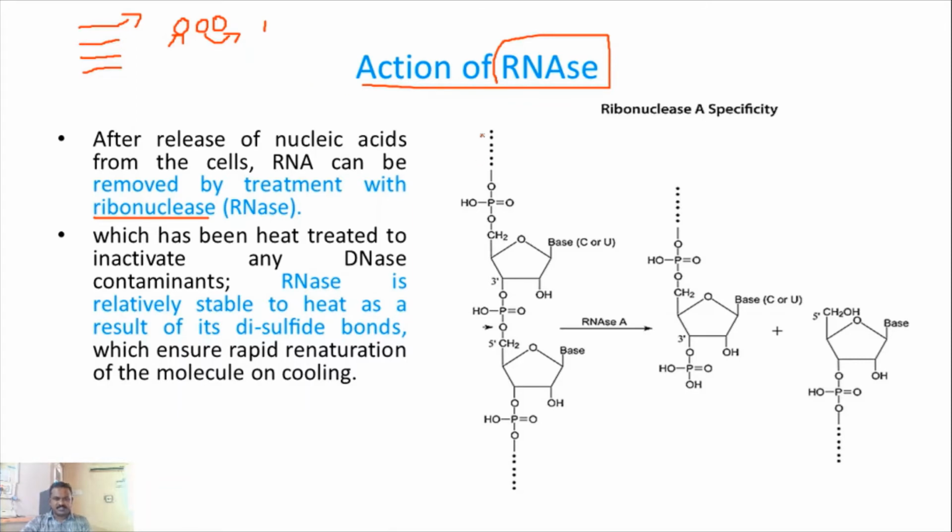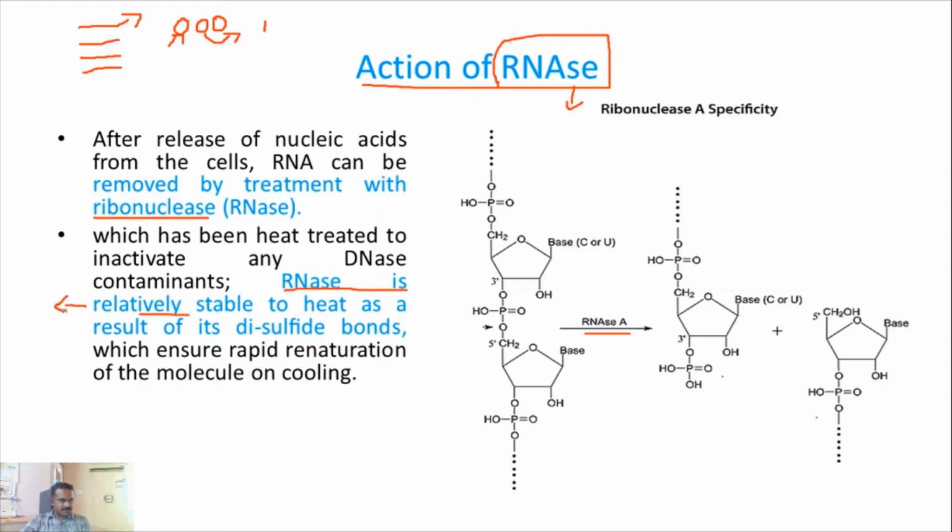So the cellular extract and reaction mixture are treated with RNase A, and the enzyme breaks down the phosphodiester linkage in the RNA, finally producing nucleotides.